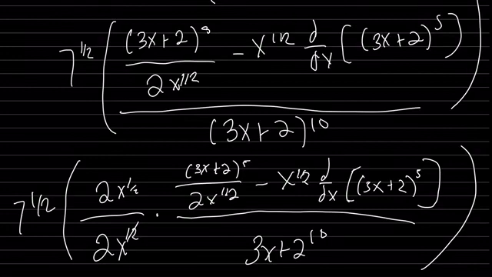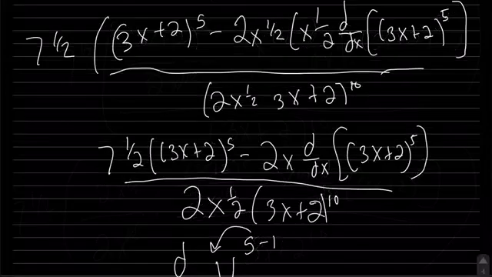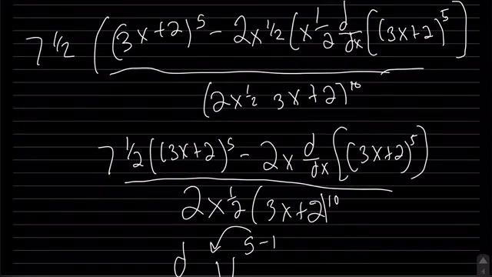So I flipped it, and now I have a fraction within a fraction, which looks really complicated. So I'm going to multiply it by 2x to the 1/2 to eliminate the top fraction and get left with 3x plus 2 to the 5th power, and also distribute the 2x to the 1/2 throughout the numerator and the denominator. So now I'm looking at a more simplified version without a fraction within a fraction.